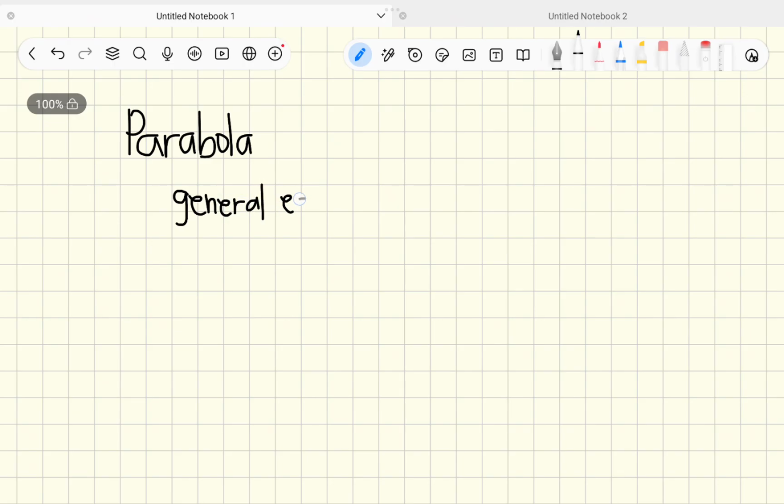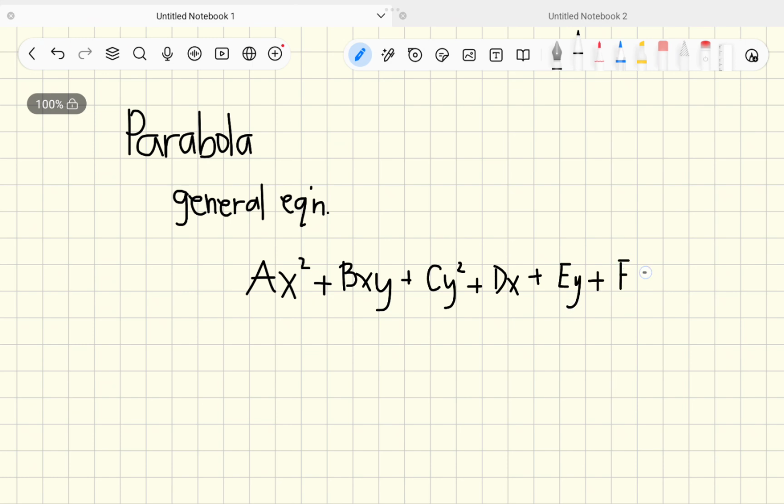So recalling the general equation for your conic sections, we have ax squared plus bxy plus cy squared plus dx plus ey plus f equals 0. And then b is 0, so that would cancel out this term here. You're left with the rest.